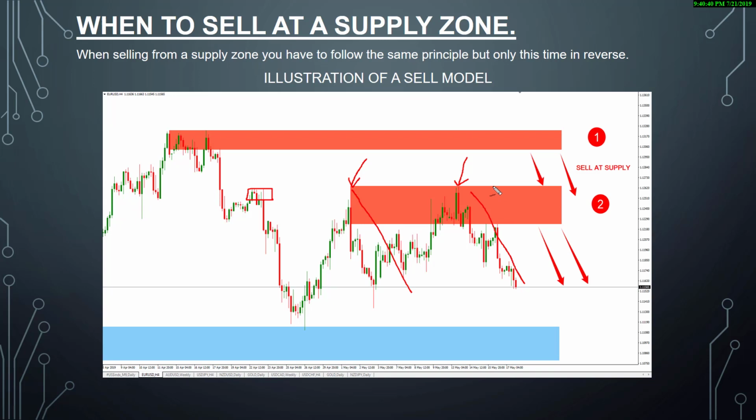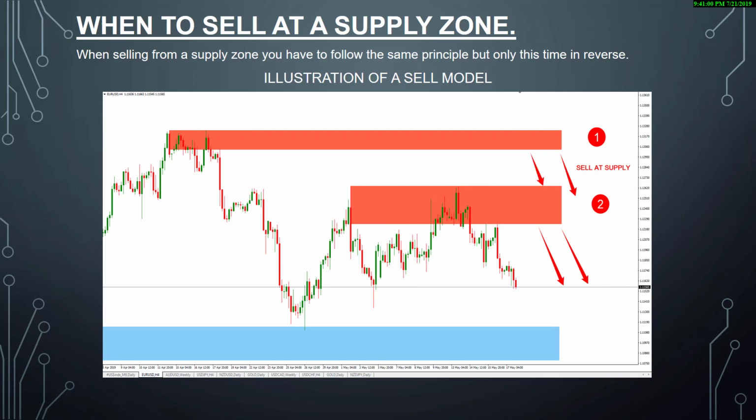In the event that market would have broke above here and closed above, then the area that you would have looked to sell from is here. So when price came back to this level, that's when you look for shorting opportunities to the downside.